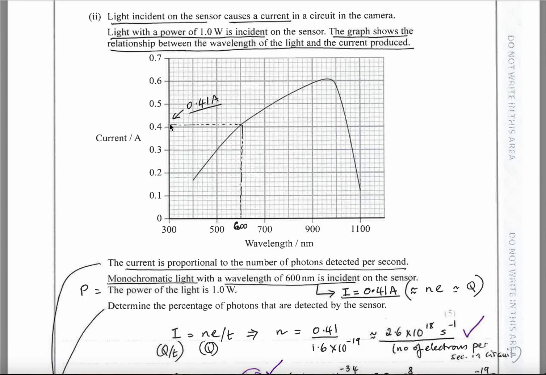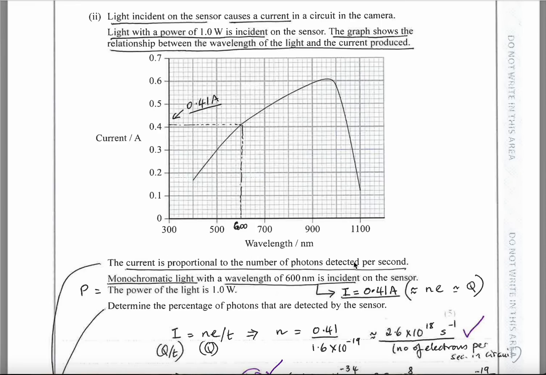A transducer is a device that converts one form of energy, in this case radiation energy from photons, into electrical energy in the form of a measured current. The graph shows how the wavelength of light is connected to the current produced in amps. Okay, so that's the intro to this question, and you need this intro to be able to understand this question.